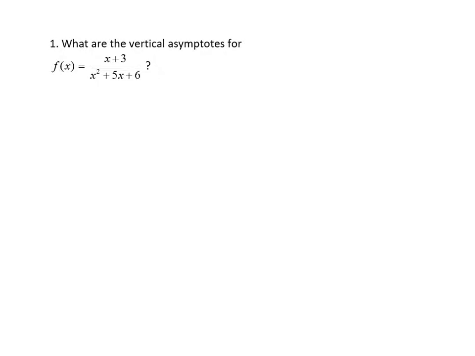First question talks about vertical asymptotes. And when we're talking about vertical asymptotes, we are definitely dealing with the idea of what values cannot equal 0 here. Because when you have a 0 in the denominator, anything divided by 0 is undefined, so we can't have that.